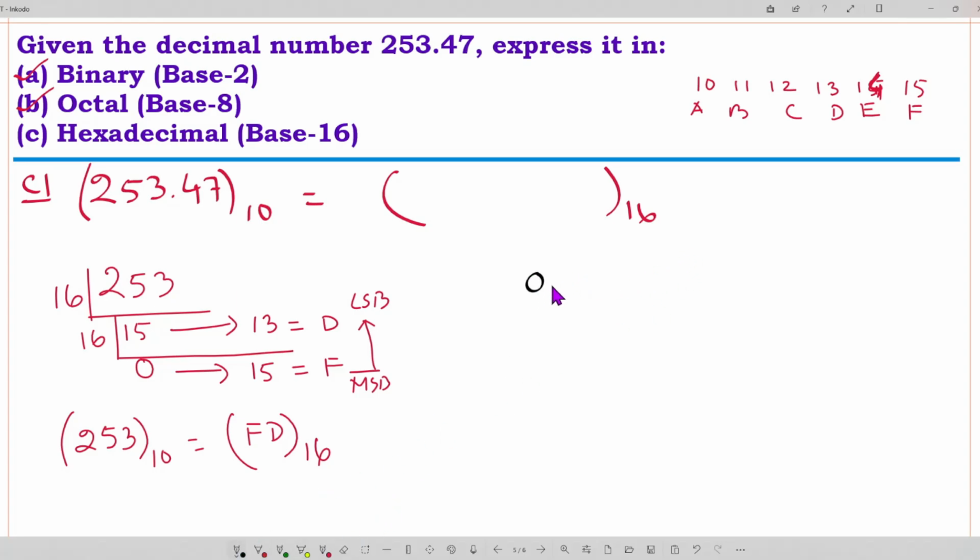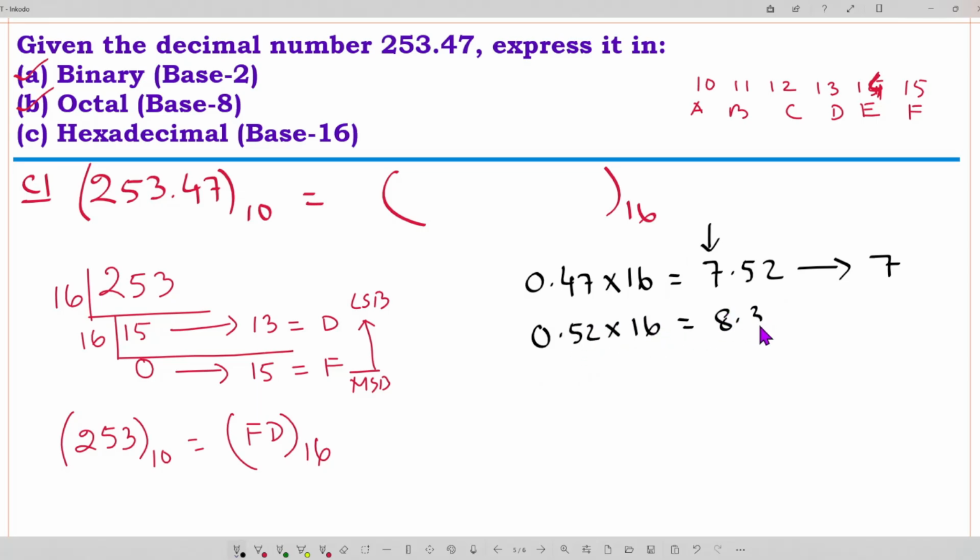Now 0.47 times 16, what will we get? Once we multiply we will get 7.52. So here is 7, because 7 is the integer. Now 0.52 times 16 will be 8.32.